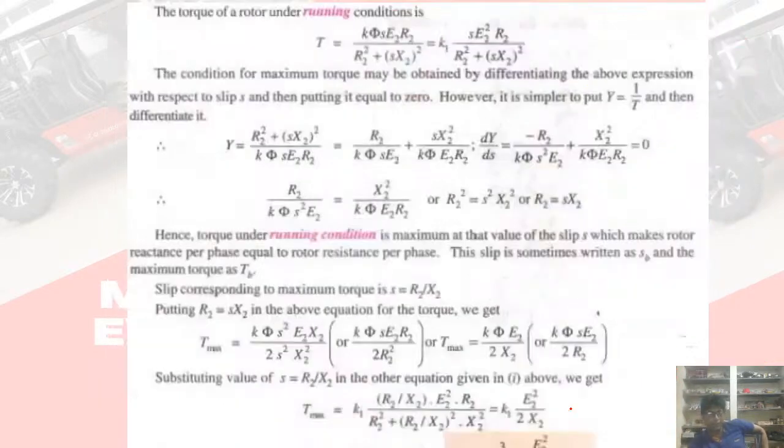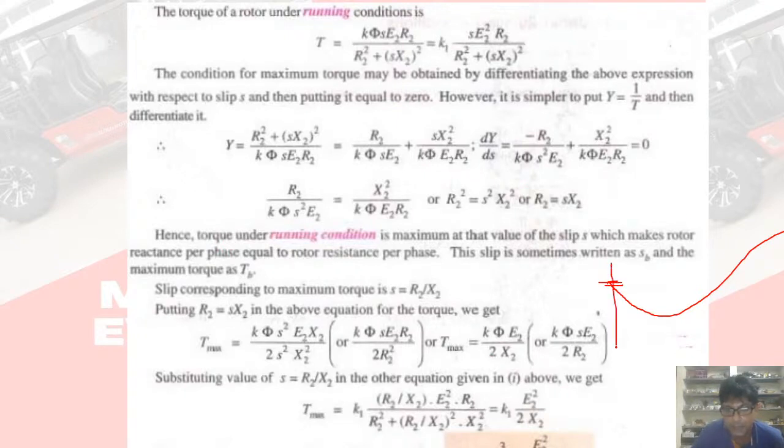Now if you want to find out the pull out torque, in that speed torque characteristic, I obtained these things from the previous slide, which is starting torque by putting s equal to 1. Now how to find out this and this? Because these are the extrema, some extreme point, maximum or minimum point.